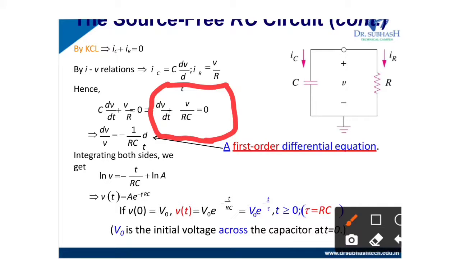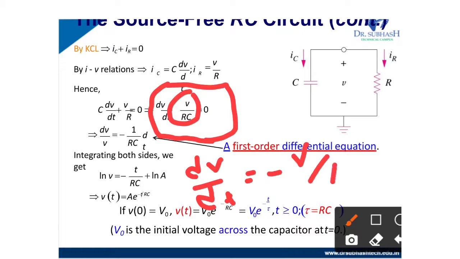Now the term dV by dt equals, we put V by RC on the other side of the equal sign, so it becomes minus V by RC.